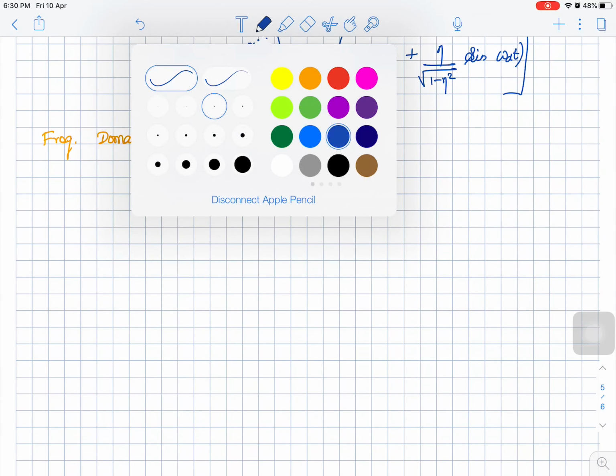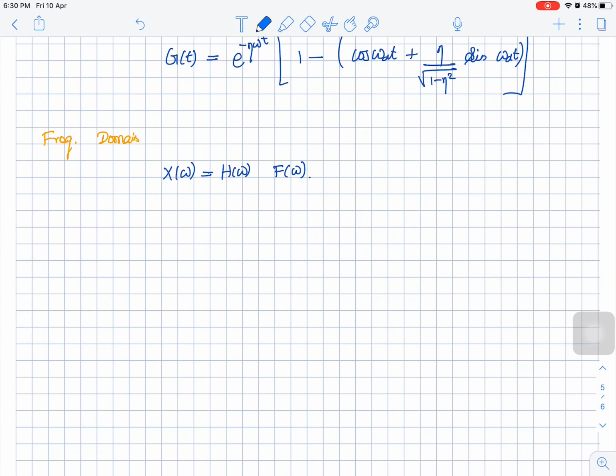So g of t, the response to a unit step function, h of t, the response to an impulse, and h of omega, these three things are a powerful description of a dynamical system.